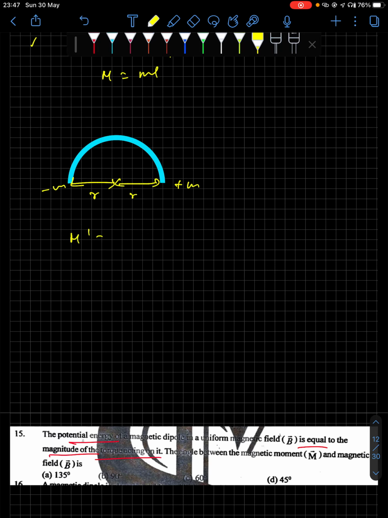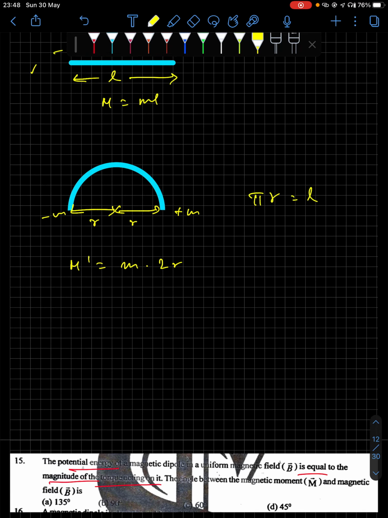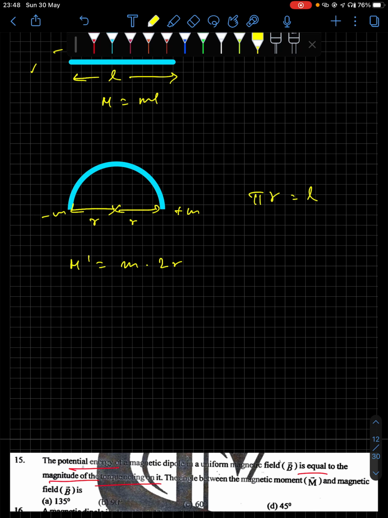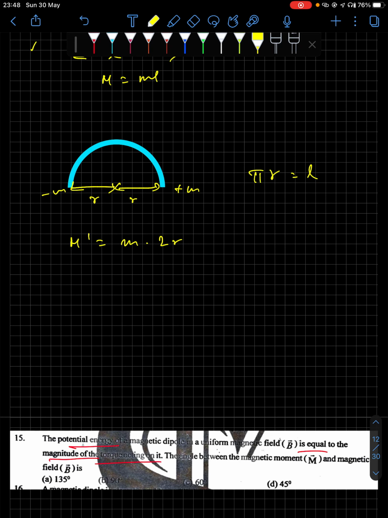So your new magnetic moment is again pole strength into twice r. What is the circumference of the semicircle? Perimeter for a circle is 2 pi r, so circumference of a semicircle is pi r, and this is equal to length L, because this length is the same as the previous length, right? So here r becomes L by pi.